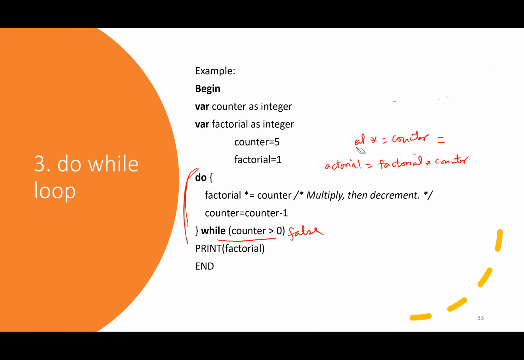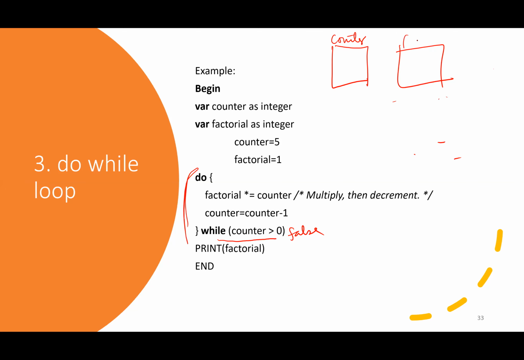We have two variables, counter and factorial. So this is counter, then this is factorial. What is the value of counter? It's 5. The factorial is 1.